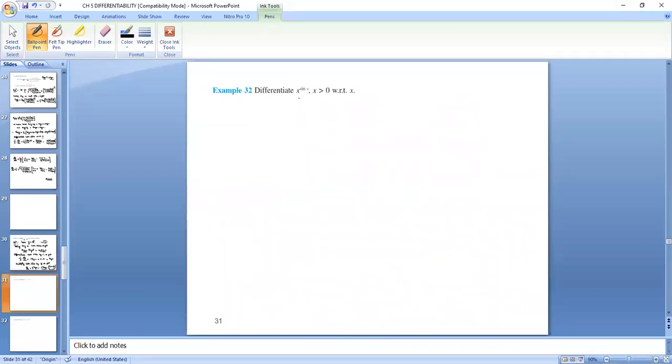Then we will move to next question, x raised to power sin x. So you can solve on your notebook side by side also, because we will be proceeding the same way. The first step is let y is equal to x raised to power sin x, say number 1.